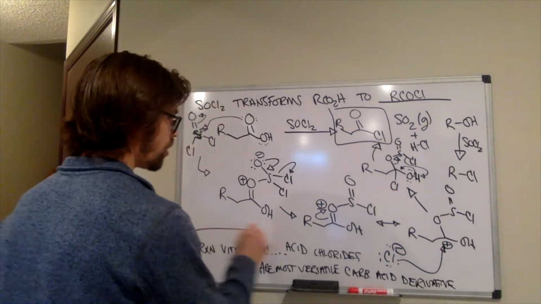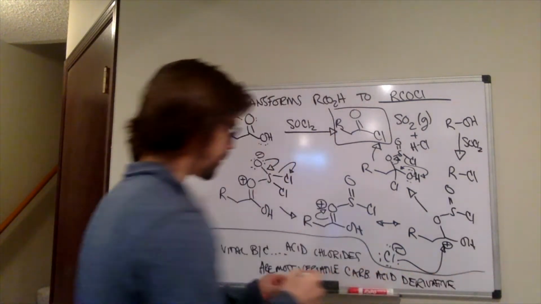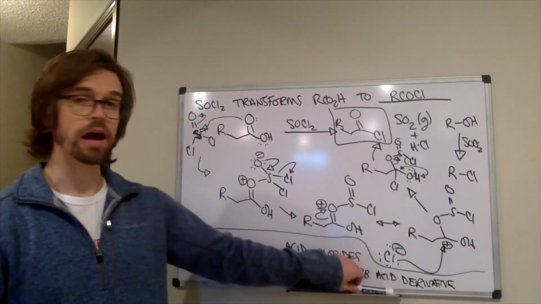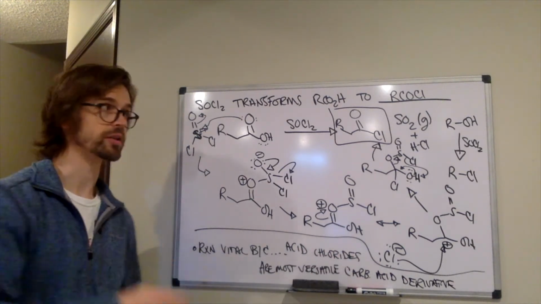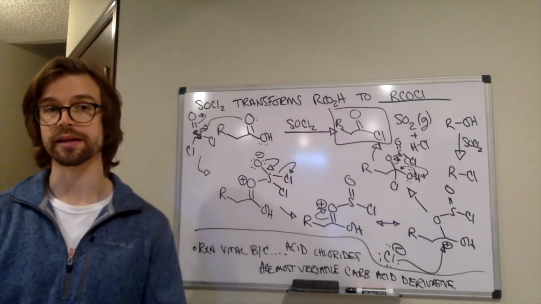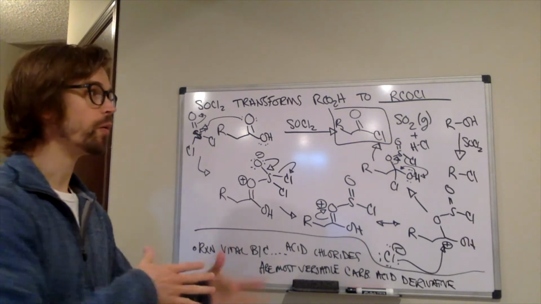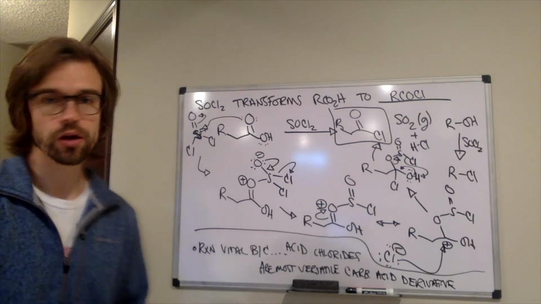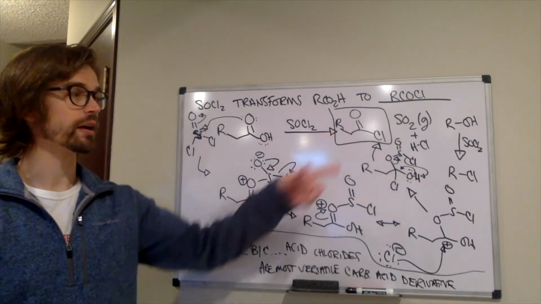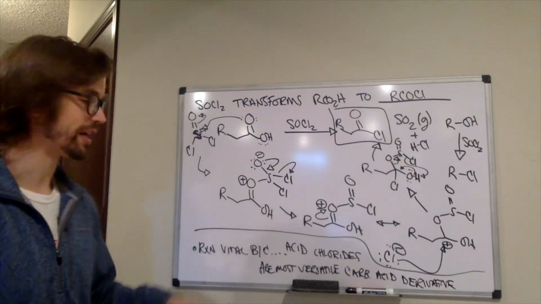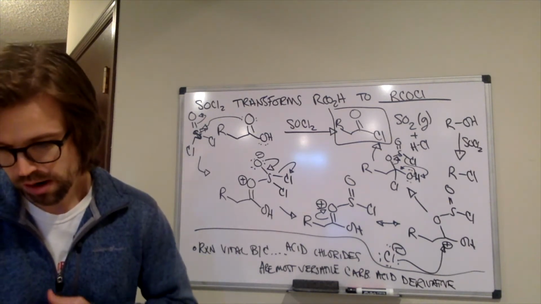If we start with a carboxylic acid and we want to make an anhydride, how are we going to do that? We can make the carboxylic acid into the acid chloride, and then we can make the anhydride from that. We can go any which way we want to, starting from the acid chloride. So that's why this reaction is so important.